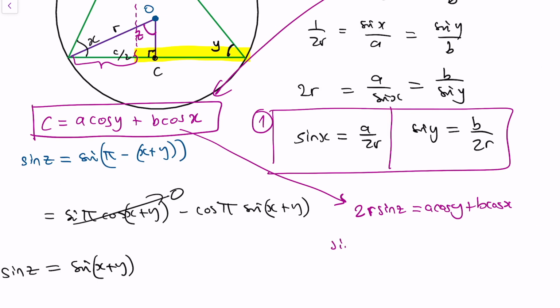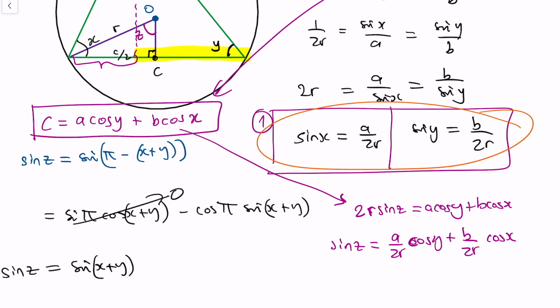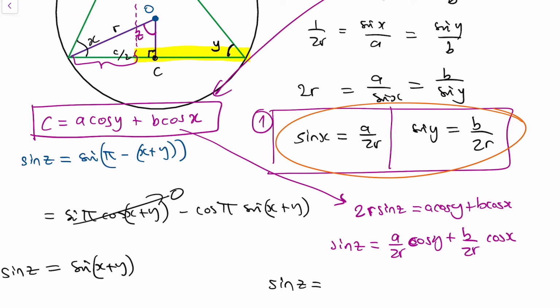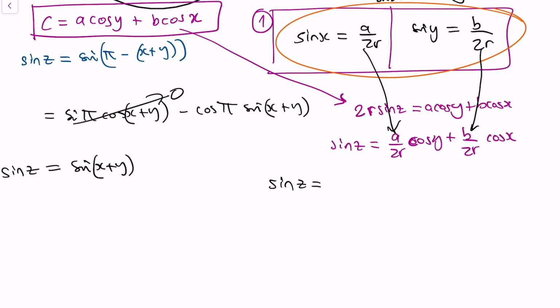In other words, sin z is equal to a over 2r cos y plus b over 2r cos x. We've divided both sides by 2r. Now if we look at here, we know that a over 2r is sin x, and if we simply plug that in there and plug b over 2r here, we will have sin z is sin x cos y plus sin y cos x, right?